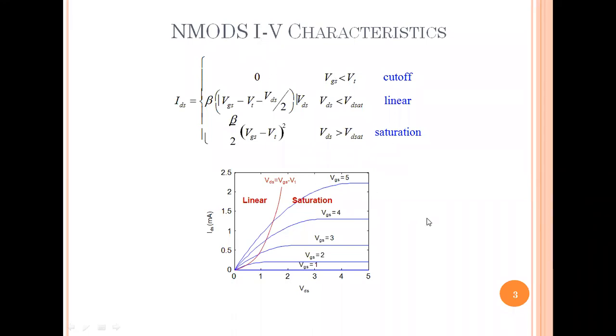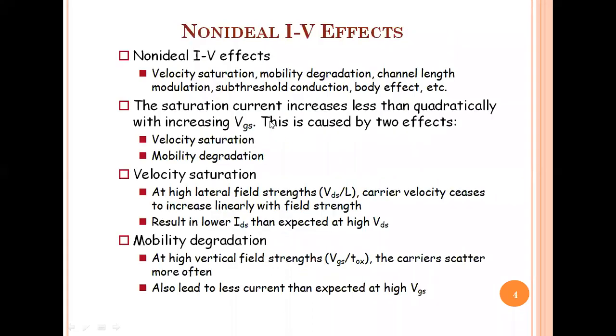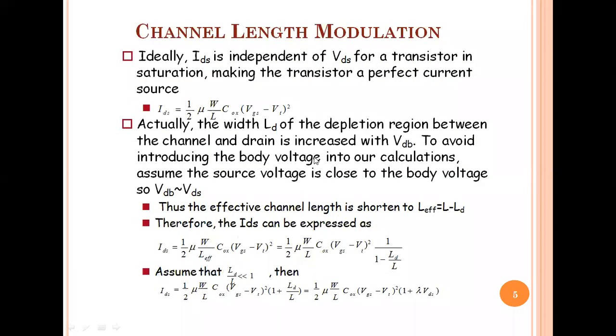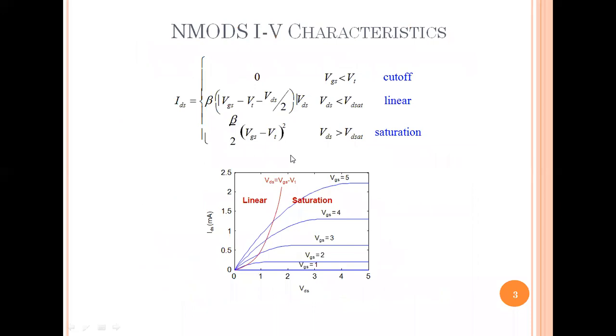With these characteristics we know that we get different operating modes: cutoff, then linear and saturation. It depends on the voltage applied between the gate and source terminal, and also on the voltage between the drain and source terminal.